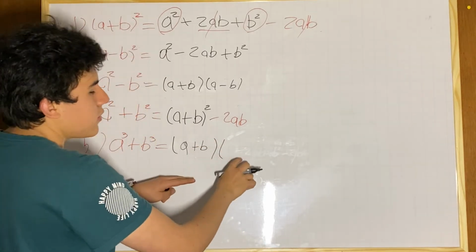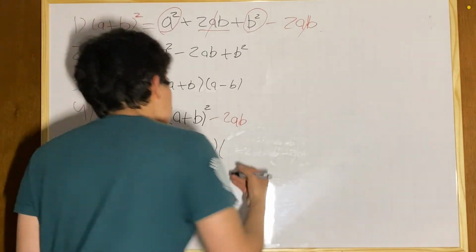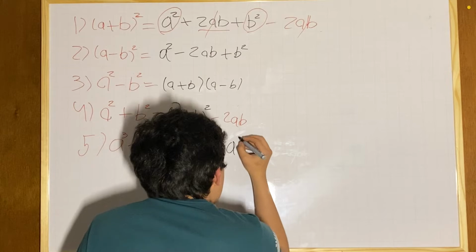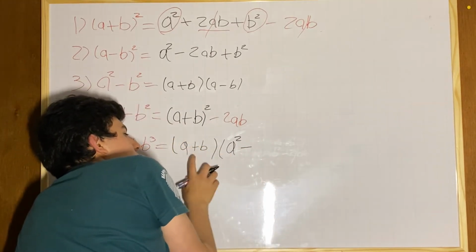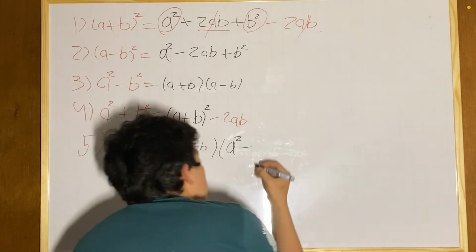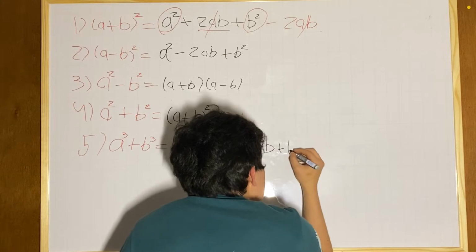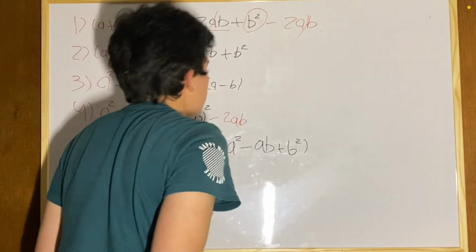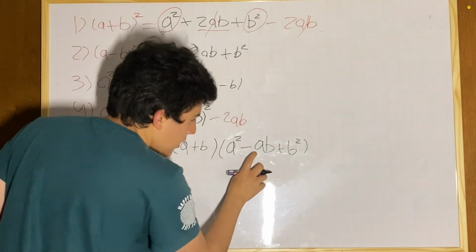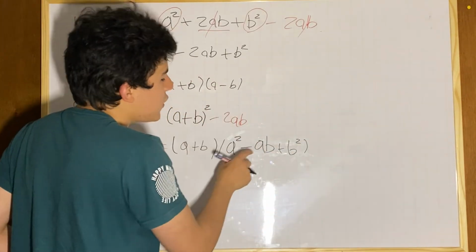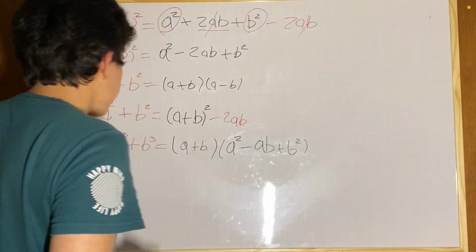And now here you're going to do something very similar as if you were expanding a binomial. So you say this is equal to a squared minus, the second sign that you place will be the opposite of the first sign, ab plus your second term squared, b squared. If you see, it's pretty similar to this. The only difference is that right here, we're not going to use a coefficient of 2. We're just simply going to leave it as 1.